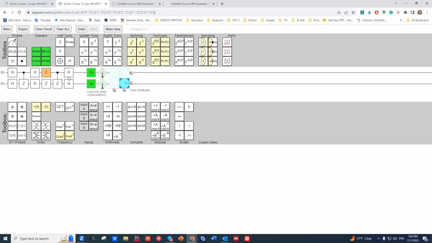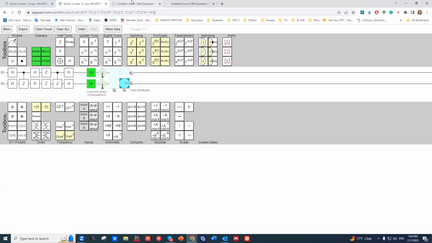So this amplification circuit is pretty much the same for any search, and it's designed to amplify the probability of detecting the state of interest. And in this case, indeed, for the chosen oracle, we get state 1-1.